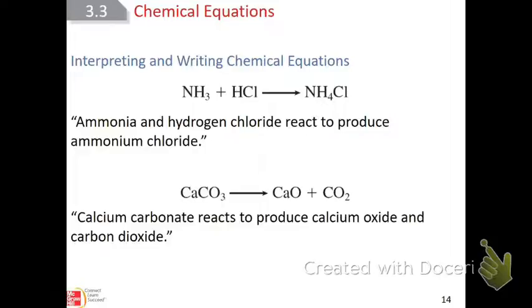Now, you're going to learn to take a word equation like ammonia and hydrochloric acid react to produce ammonium chloride, and write the symbols that go along with that. In order to become proficient at doing that, which you're going to be required to do, the number one, most important thing that you must remember, and I'm even going to write it, is you must focus on writing the correct formula.